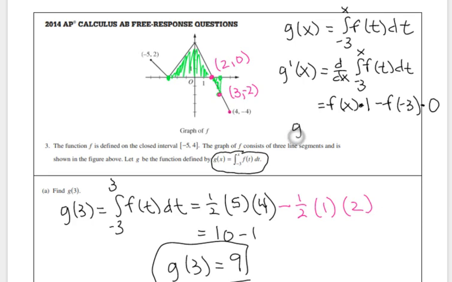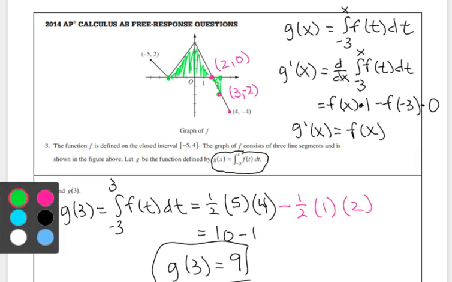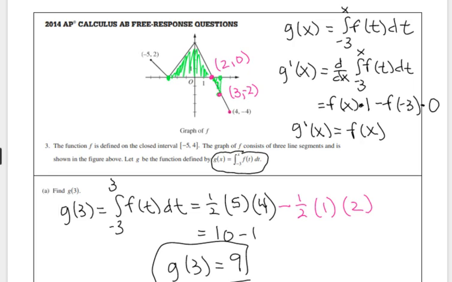So g prime of x is just equal to f of x, and that's going to be important. Then to find g double prime, we take the derivative of that, so we get f prime of x.